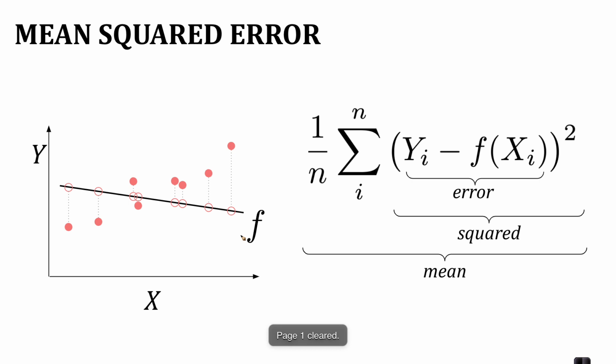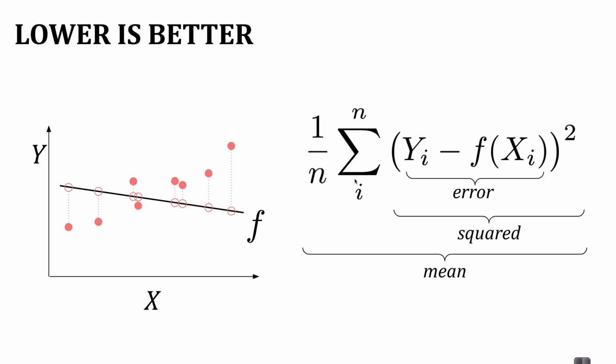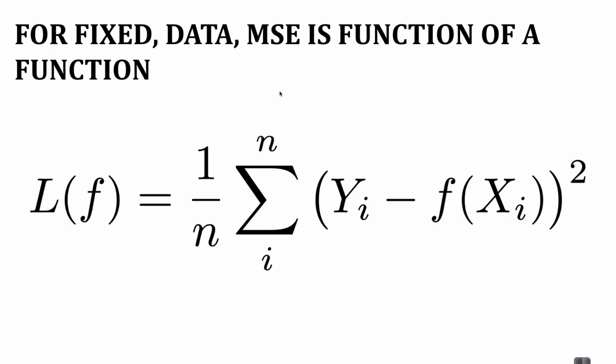And we call that mean squared error. So obviously lower values of mean squared error are better. It means that this function is better at predicting the data. And we can think of this as a function of a function. So here f is our candidate, our potential line that fits the data, and we want to know how well does it fit the data.